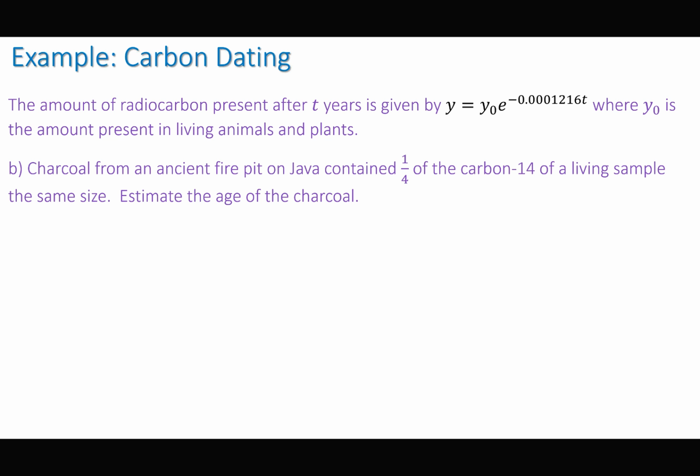Okay, so again, we're going to start with our same setup. y sub 0 times e to this formula they give us, 0.0001216 t. But they're saying it contained 1/4 of the carbon-14. So this isn't a half-life, it's not half of it, it's 1/4 of the original amount.